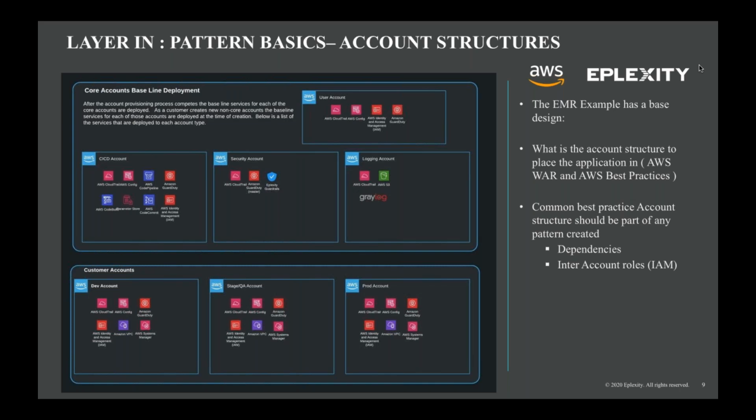As things sprawl, and they sprawl in the sense of accounts and applications, it is better to have a foundation in the pattern that establishes those core accounts first, then creates those supplementary accounts like dev or staging, non-prod or QA or prod, or however you want to set up those accounts. There are a number of different ways of setting up the accounts underneath, but it gives you commonality, lets you know where your logs are going, and allows the guardrails to be set up.